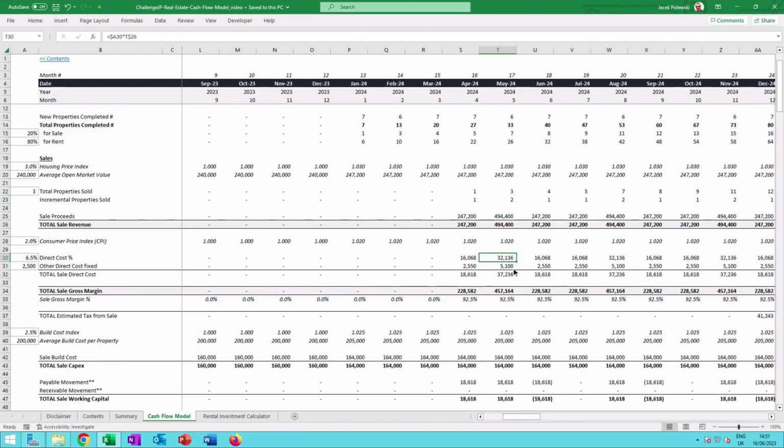The other method is to take the number of properties that I sold, and each property has a fixed dollar or pound or whatever currency you're using for that model value. So for example, in this case, every sale will generate 2.5 thousand, let's say, dollars in fees.